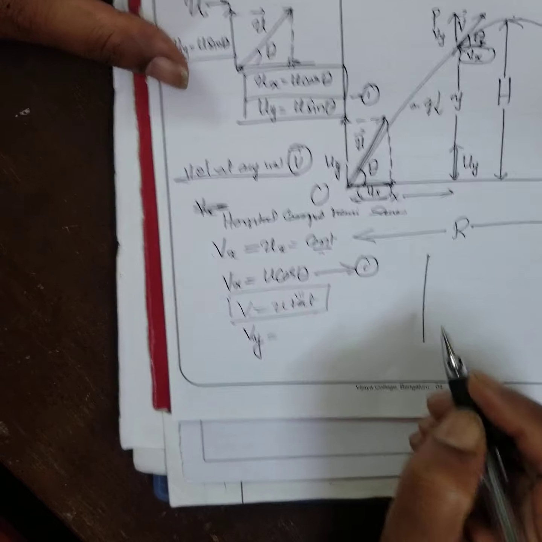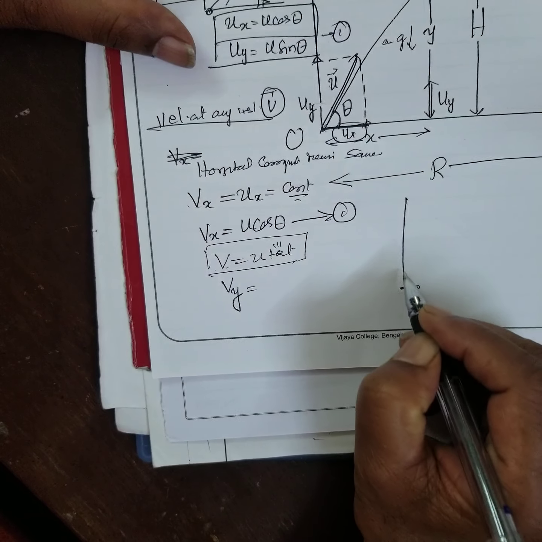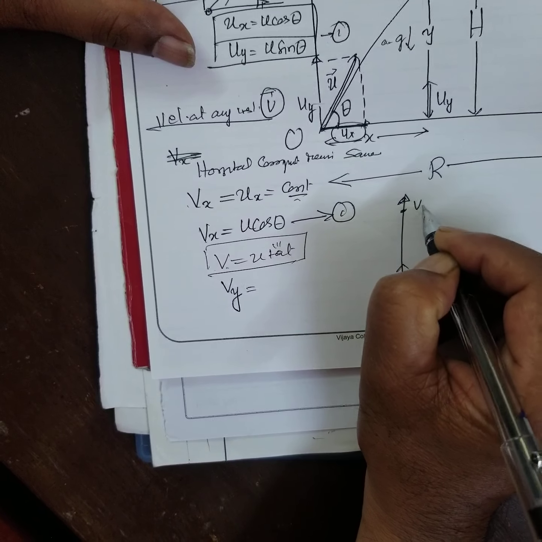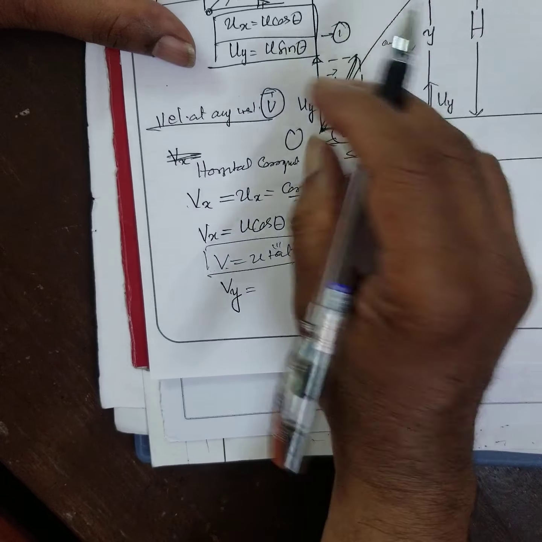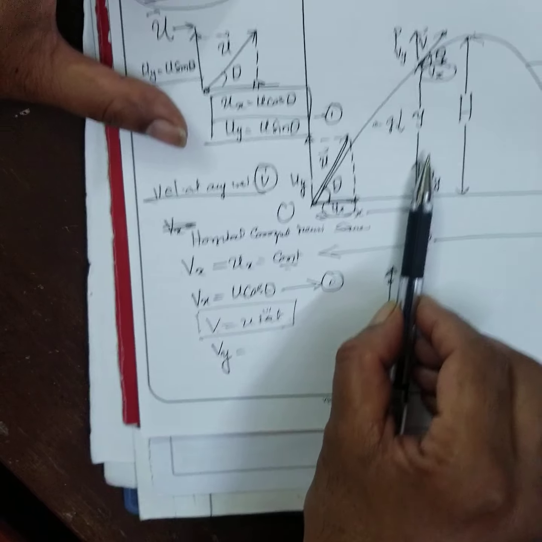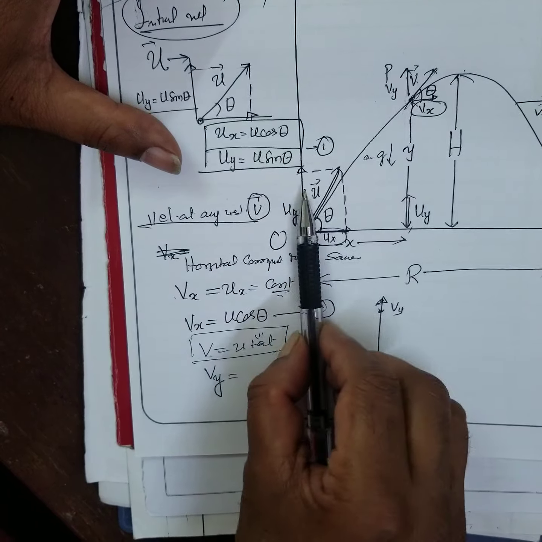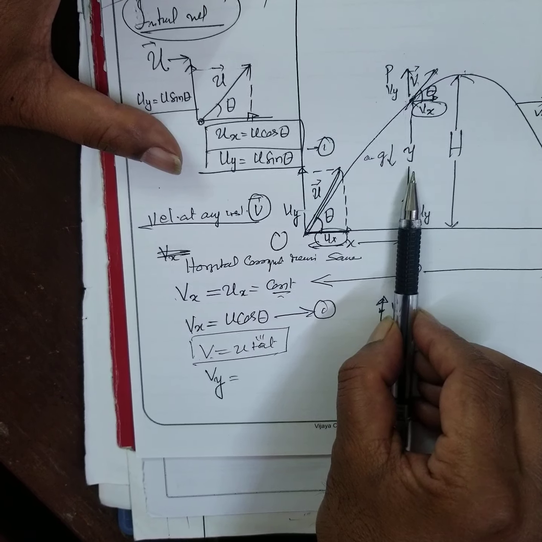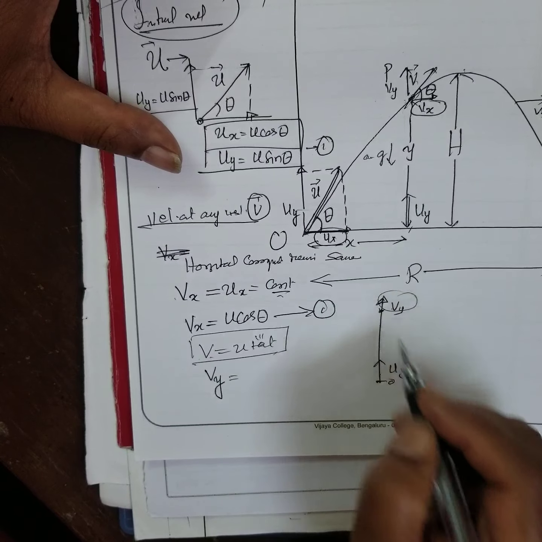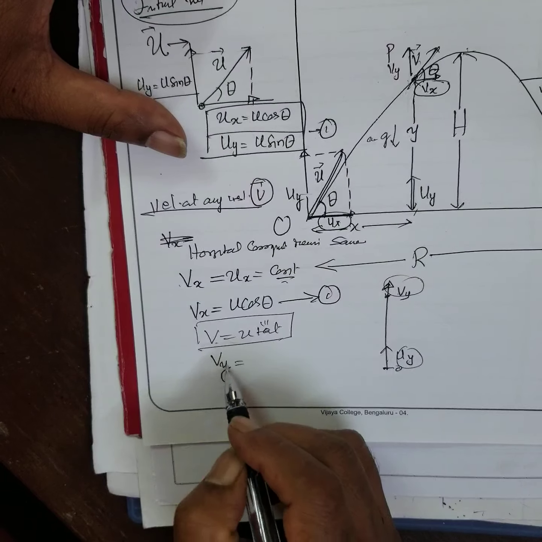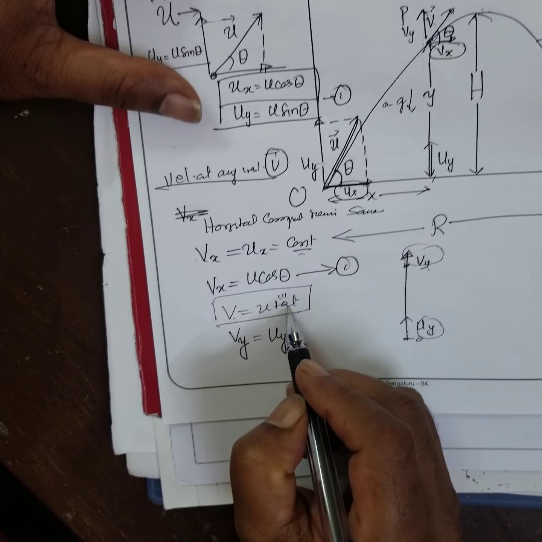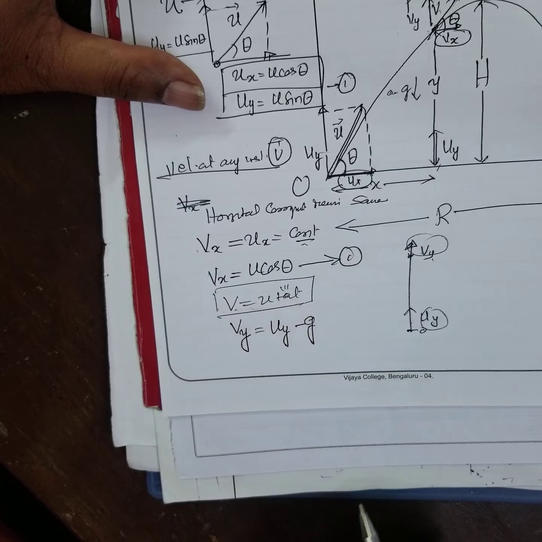I'll draw the diagram here. What is the initial velocity at O? Uy. The final velocity is Vy. Can you follow? A vector can be shifted from here to here, as long as the direction is the same, it will not change. Therefore, this is Uy, this is Vy. Therefore, v is equal to u plus at, so Vy is equal to Uy minus, instead of a I write g.